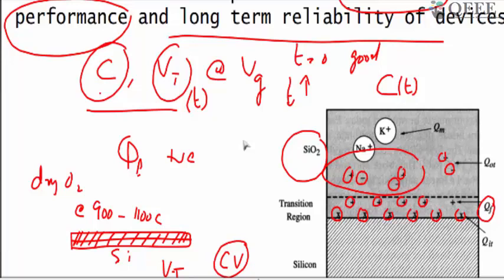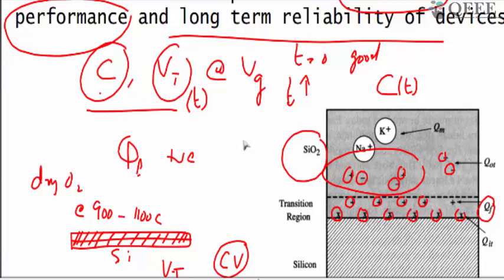Suppose you measure it today, maybe 6 months later, 1 year later, 10 years later. That is why typically all these electronic devices have a 10-year lifetime. Over continuous operation, these charges get accumulated inside the dielectric.